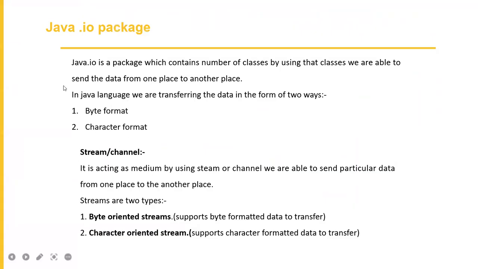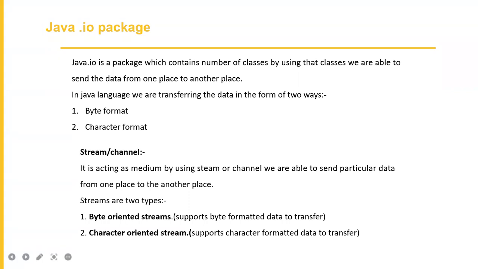Basically you are sending and receiving data by using a channel, or you can say a stream. That stream acts as a medium. By using a stream or channel, we are able to send particular data from one place to another. The byte format and the character format are both performed with the help of a stream.